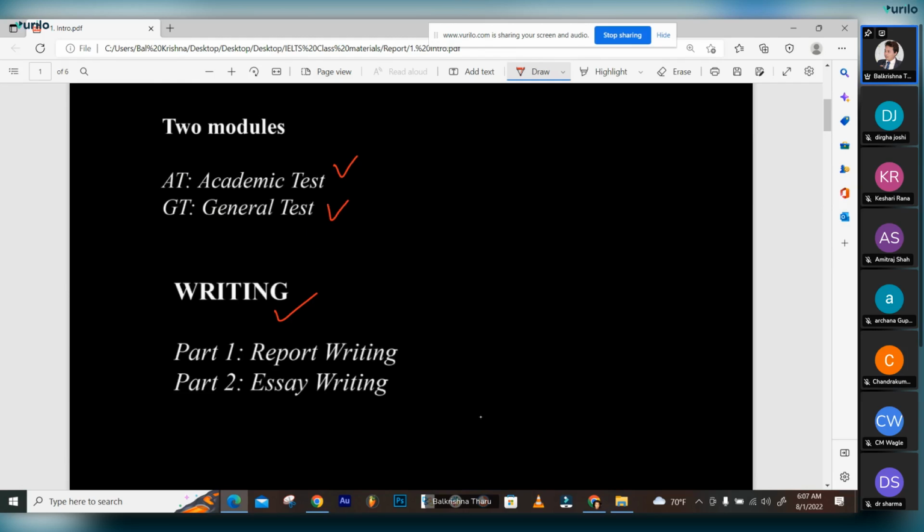And there's a little bit of difference between the writing section in the academic module and general module. The academic test is the test that you will give if you are applying as a student. But if you are applying as an immigrant, you will be doing the general test.